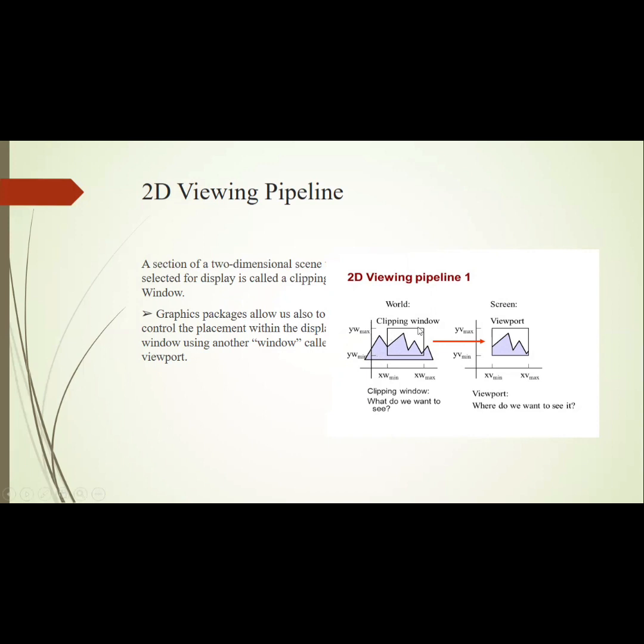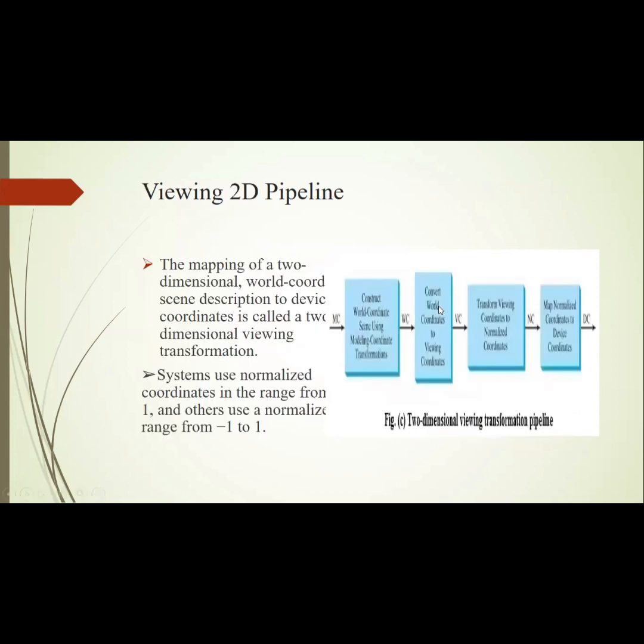Here the clipping part is the clipping window. The clipping window tells us what we want to see, and the viewport indicates where it has to be viewed on the output device. That is, the clipping window says what has to be viewed, and the viewport says where on the output device it has to be seen.